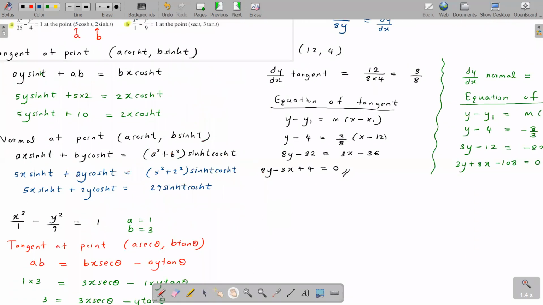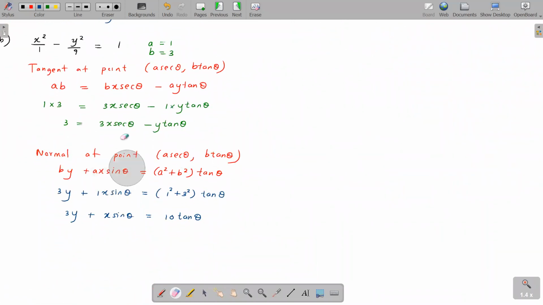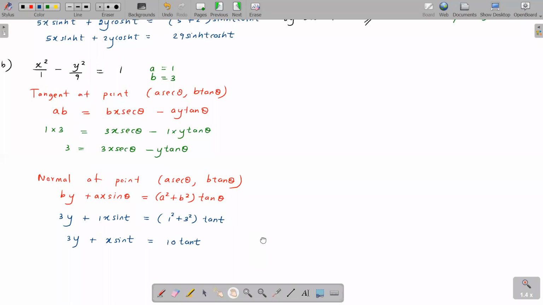In the equation, yeah, it's sec t, 3 tan t. Yeah, so this should be in t. Yeah, the equation they had given us was in t. Is that correct? Right, then shall we move on to the next part?